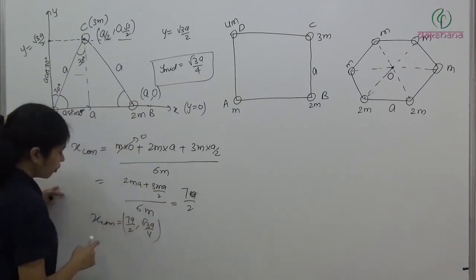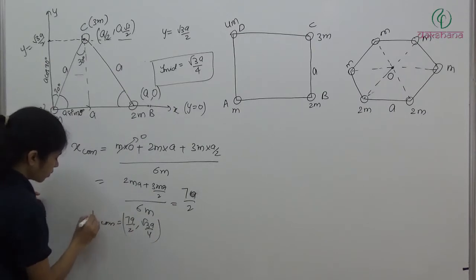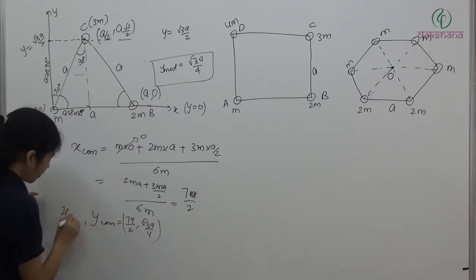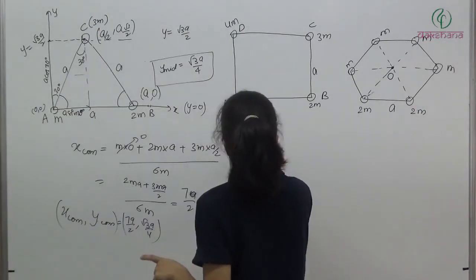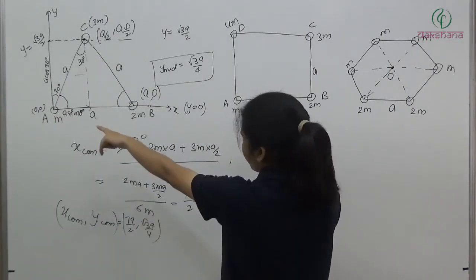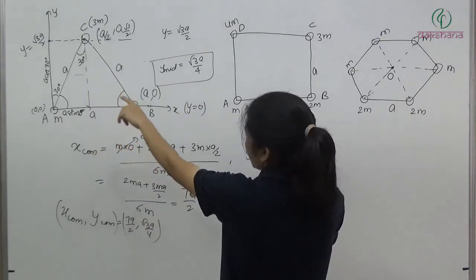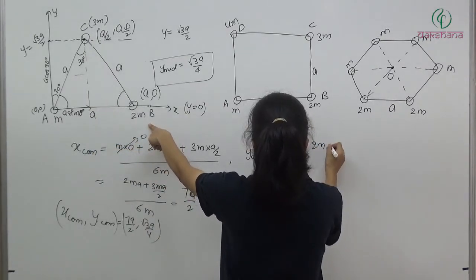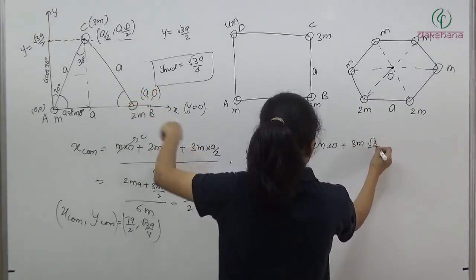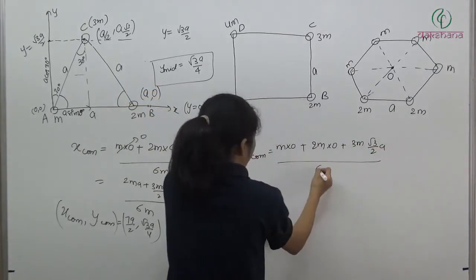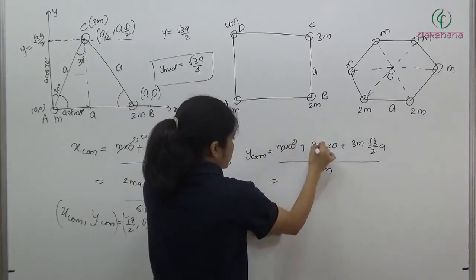Now if I want to find the y of center of mass with the help of this formula, what we'll get: y of center of mass is equal to m1 y1 plus m2 y2, its y coordinate is again 0, plus m3 y3, divided by total mass. So this is 0, this is 0.